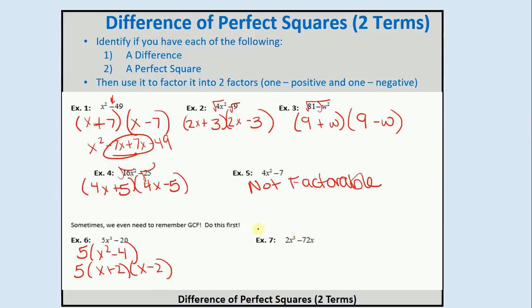Done. So you need that GCF first. Just like this one, I have a 2, and it looks like they actually have an x in common as well. So let's yank that out. We'd be left with an x squared and a 36. So if I factor further, we'll get x plus 6, x minus 6.